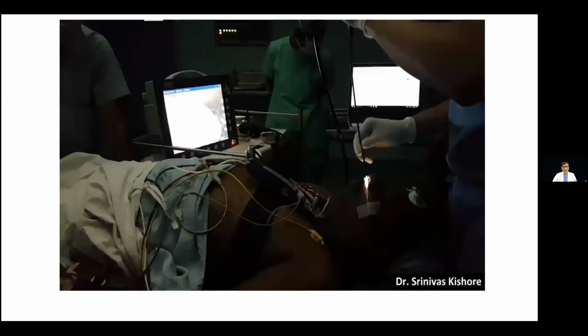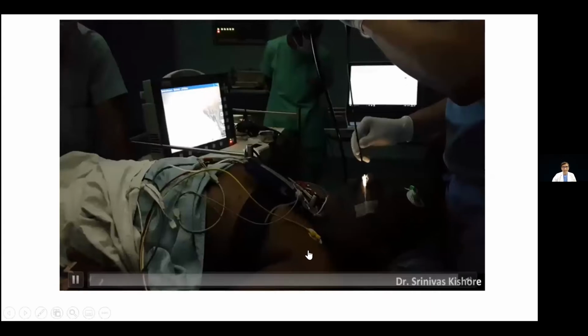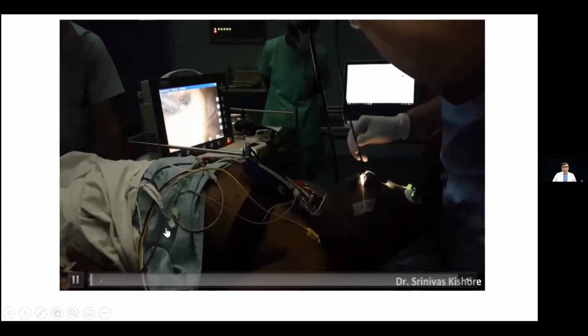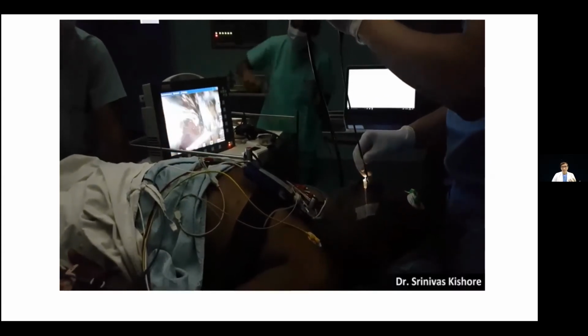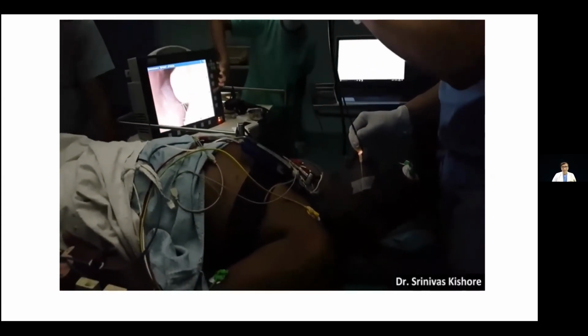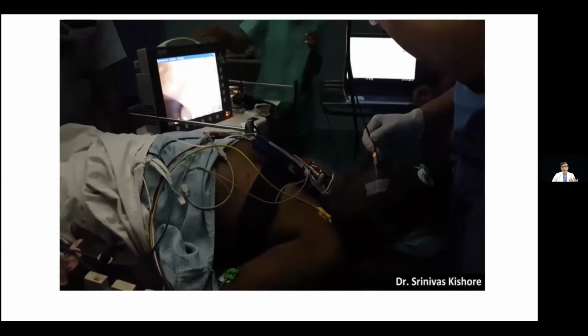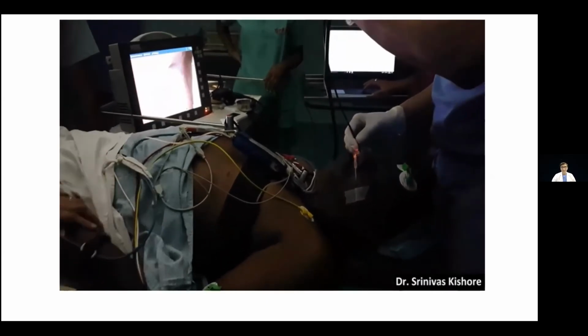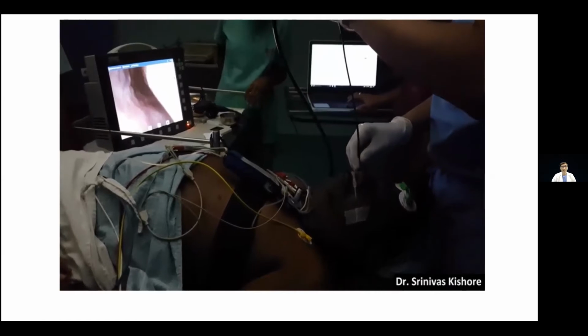Now, we've slowly advanced to what we now call advanced DICE, wherein we are performing a full polysomnography while the patient is sedated and looking at the behavior of the upper airway, as you can see here. The patient is on dexmedetomidine.